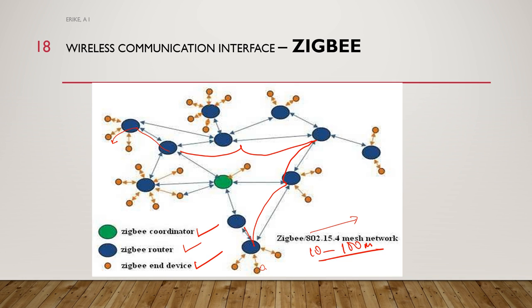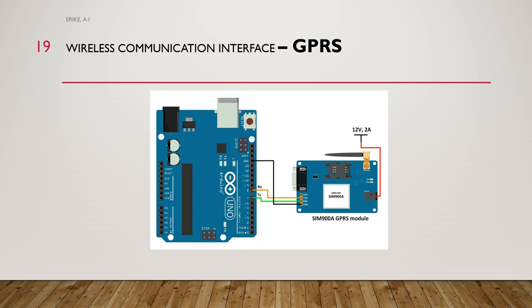It has to pass through the router as a mediator, or directly to the Zigbee coordinator. So Zigbee supports an operating distance of up to 100 meters at a data rate of 20 to 250 kilobits per second. Then next we look at the GPRS.